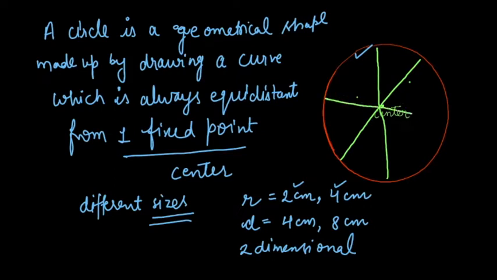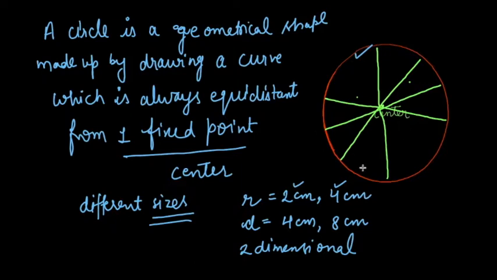If I draw a line passing through the center again, it is divided into two semicircles. So I can draw n number of diameters, which means the circle can be divided in n number of ways into two equal semicircles. Therefore, we define that the circle can have infinite lines of symmetry.